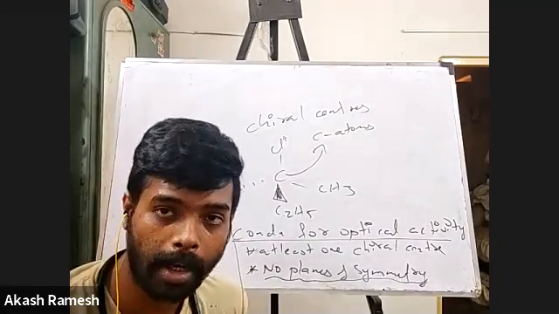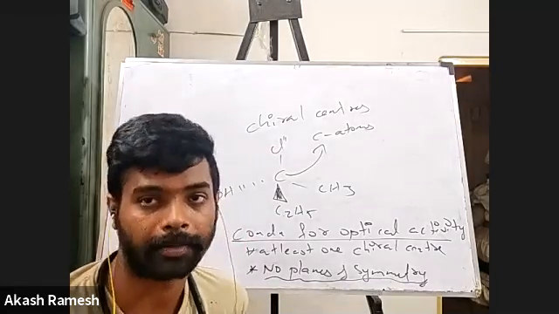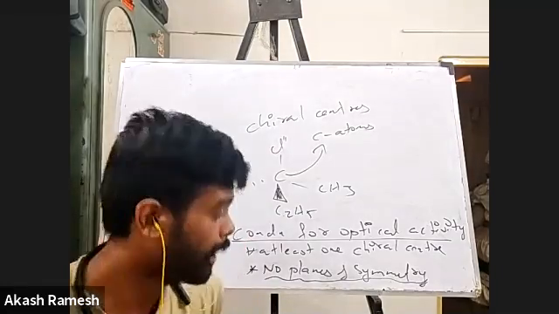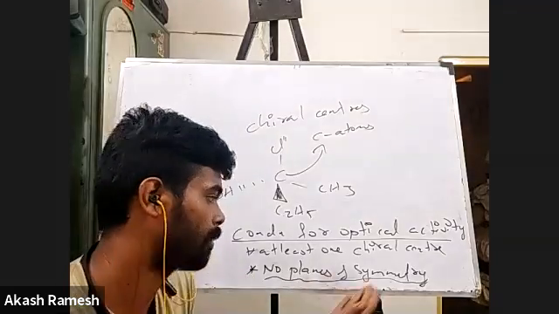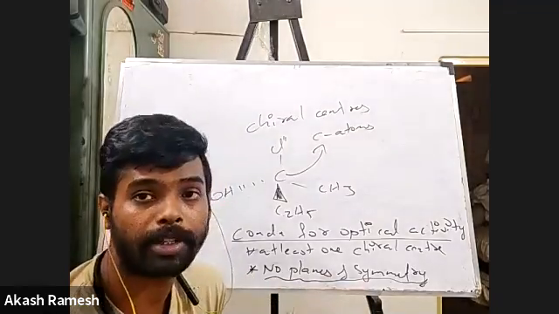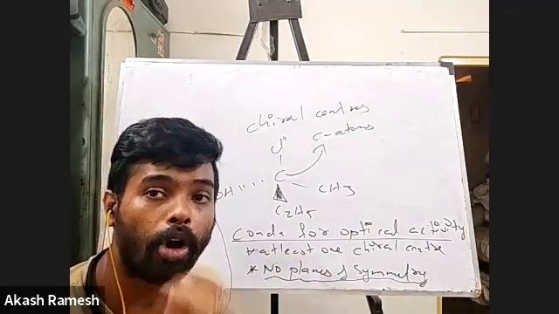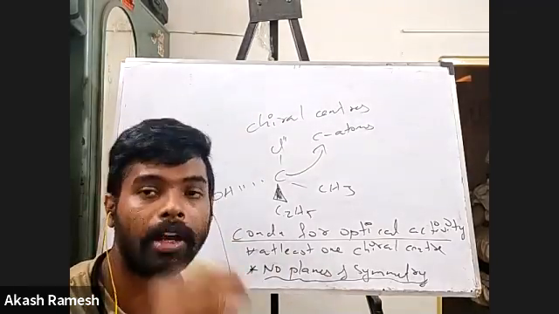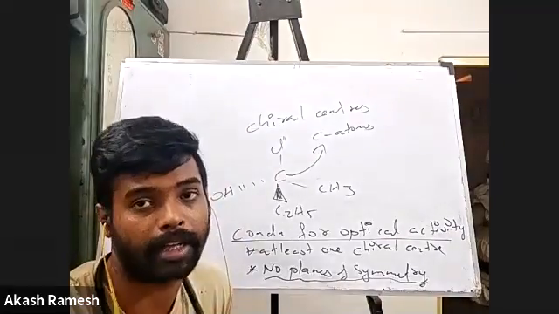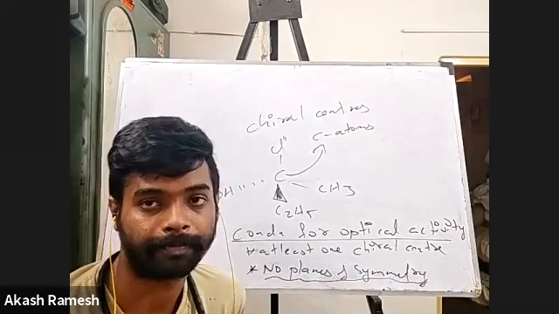The problem comes when I have more than one chiral center. Only then do you have to look at the plane of symmetry. You can even make a note of it somewhere: the plane of symmetry should be brought into the picture only if you have more than one chiral center. If you have only one chiral center, you can just close your eyes and say that the molecule is definitely going to be optically active.